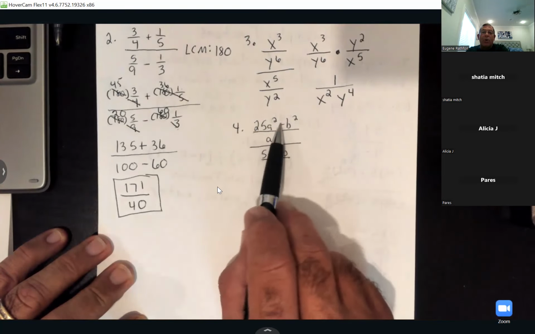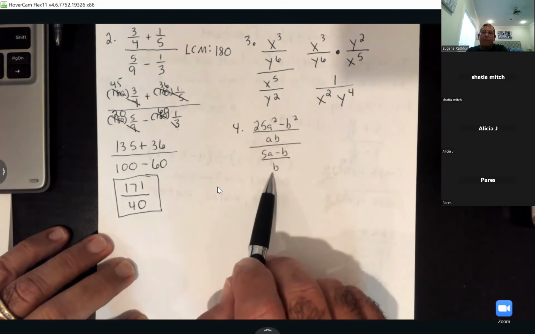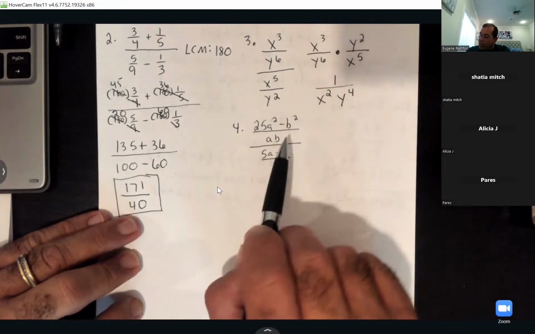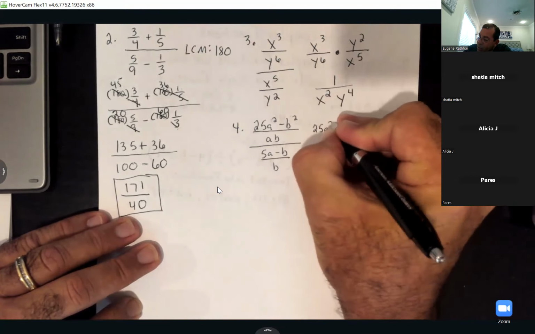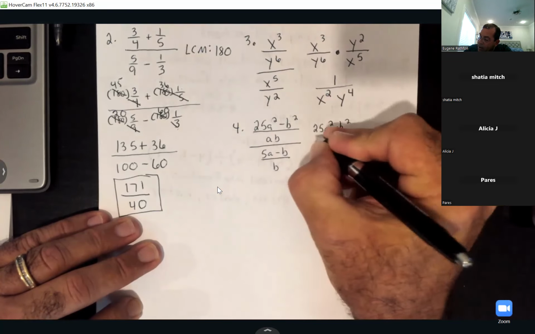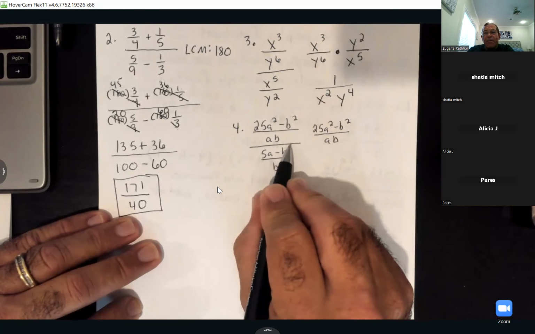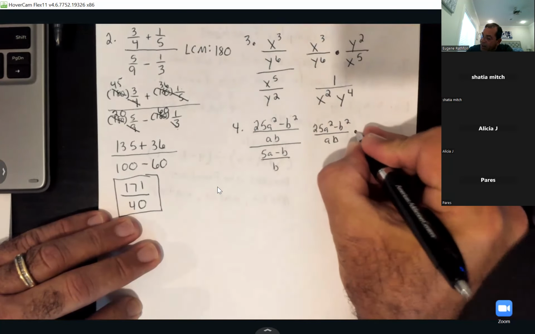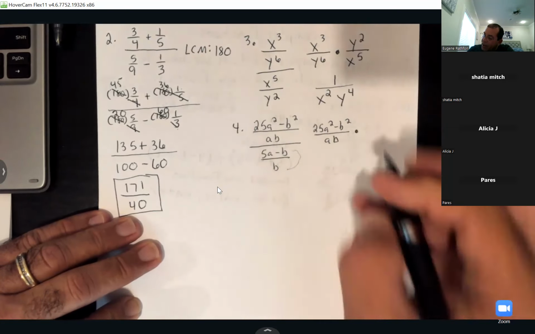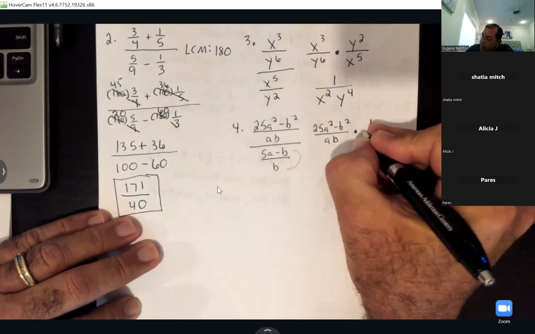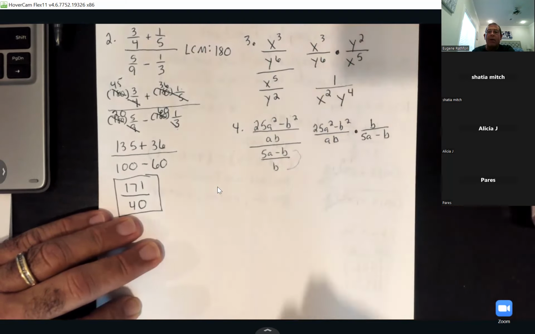This just has a lot more on top, but remember, this is one fraction divided by one fraction. So we're going to do what we did here. We're going to write the top, 25a squared minus b squared over ab, change from division to multiplication, and then flip our bottom fraction so that we get a b on top and then a 5a minus b on the bottom.